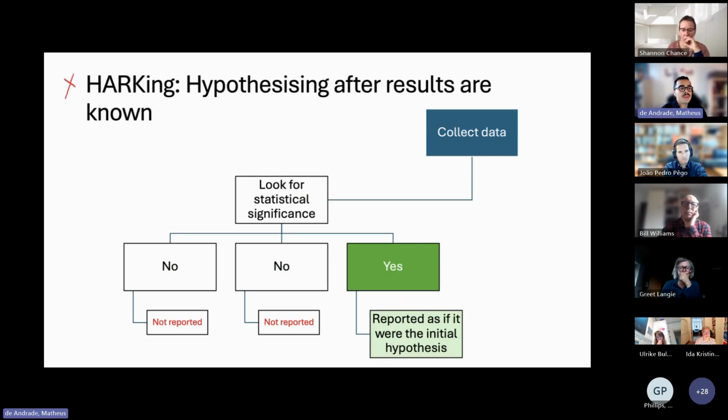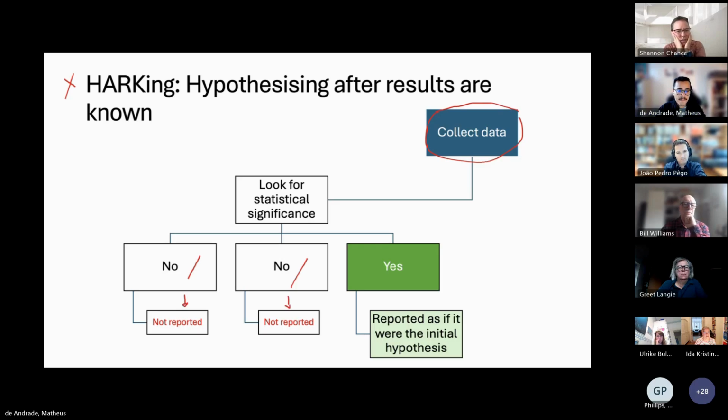The other practice that we talked about in the first webinar is HARKing, hypothesizing after the results are known. So that would be more or less collecting data and looking for statistical significance in every section of that data. When we don't see statistical significance, we don't report it.